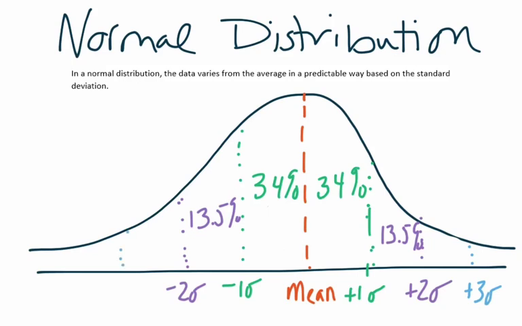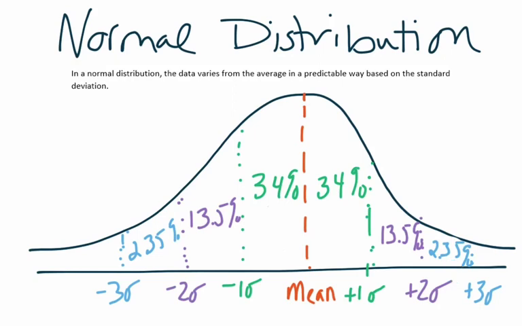We'll go plus 3 and we'll go minus 3. And that is 2.35%. So now you're getting to the area where, okay, that's not that many people. That might be your NBA basketball players, who are going to be way out here in this range. These are your super geniuses.